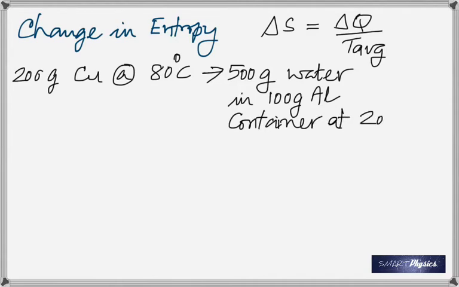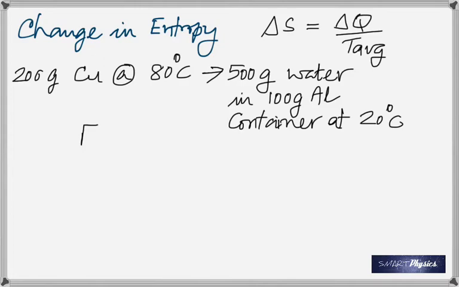And both of them, of course, are at 20 degrees Celsius. That's the problem. So again, you have 200 grams of copper, which is at 80. You are just dropping it into 500 grams of water, which is contained in a 100-gram aluminum container, which is at 20 degrees Celsius. Now you go ahead of me. Can you find the final temperature?